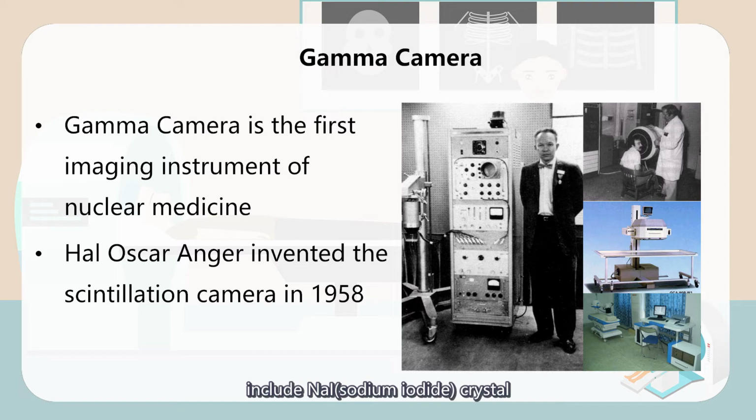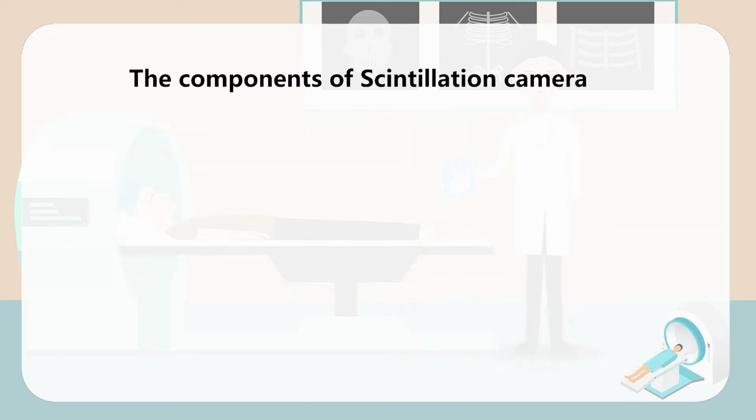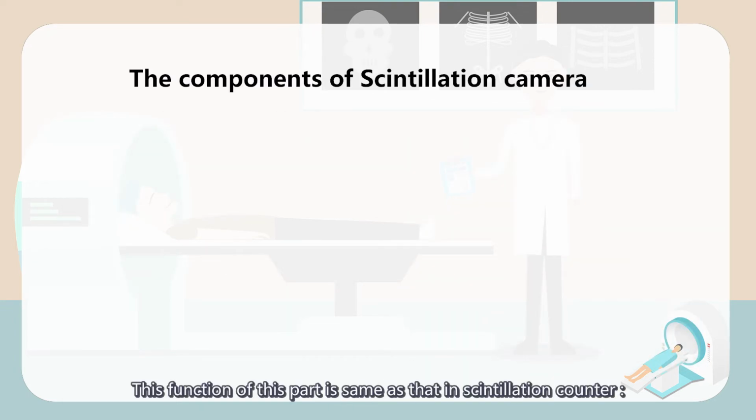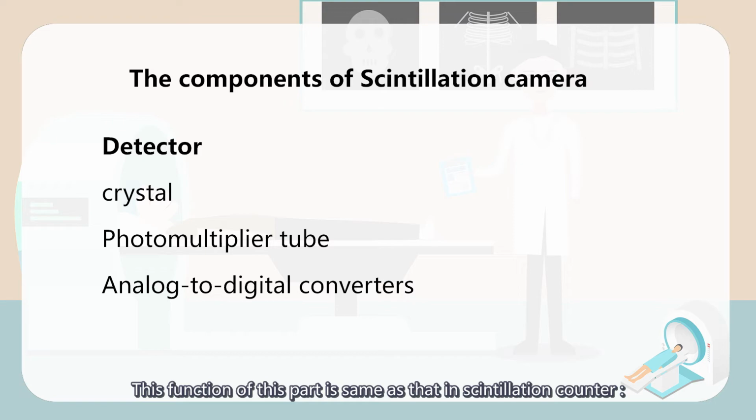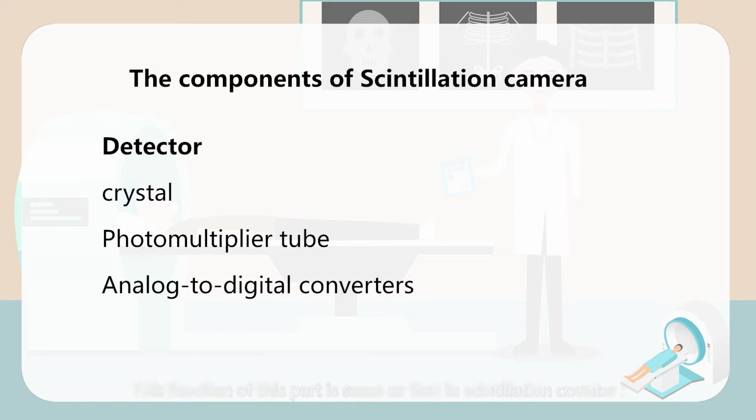It includes a sodium iodide crystal. It also includes a photomultiplier tube and analog to digital converters. The function of this part is the same as in the scintillation counter. It converts the radioactivity energy into the electrical signal.